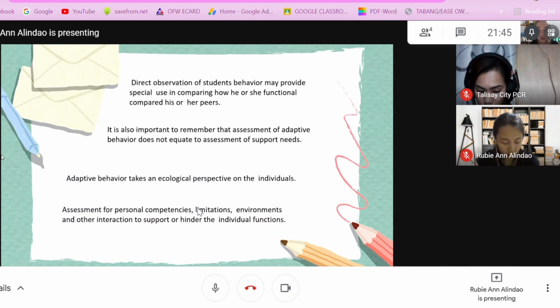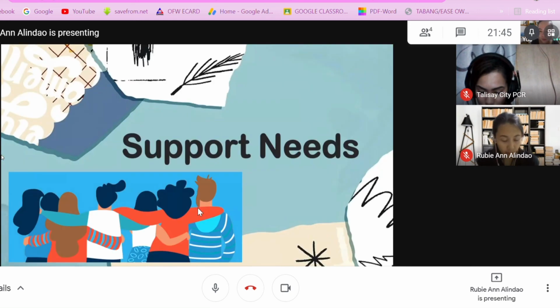And last is the assessment for personal competences, limitations, environments, and other interactions that support or hinder the individual's functioning. Let's go to support needs.